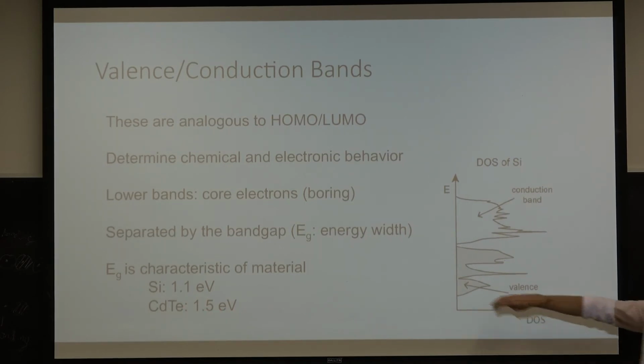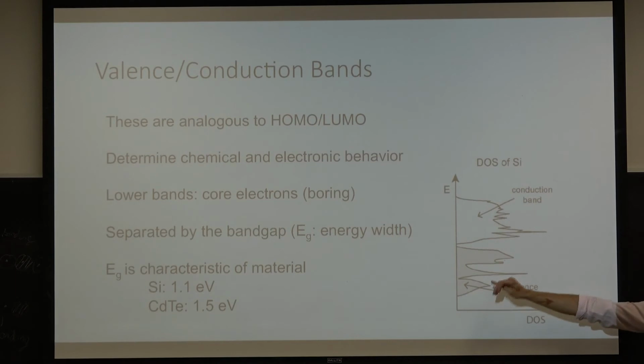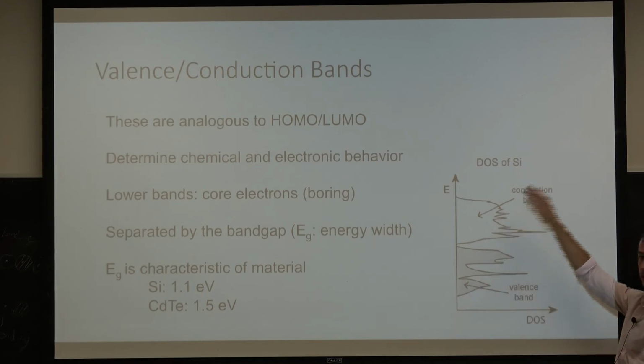So these lowest bands are going to be like your 1s orbitals, right? So boring, they're not going to do anything, they're always going to be occupied. Do we still call them part of the valence band, or is that not even on this chart? I think that they're valence, even though they're core electrons. Yeah, because all of your electrons are essentially delocalized here.